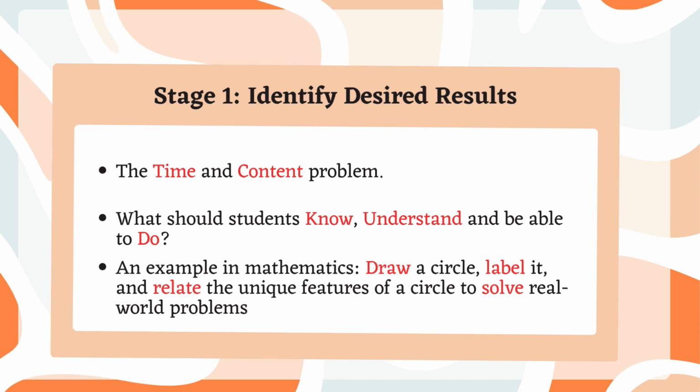For example, in a typical mathematics class, the teacher can identify the desired result with a statement like: draw a circle, label it, and relate the unique features of a circle to solve real world problems. That can be a desired result for a typical mathematics instruction.